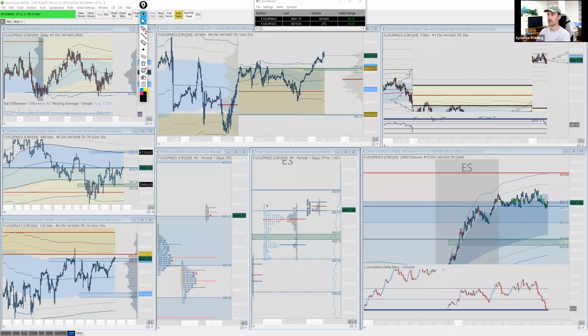First scale, I'm looking for the development value high area, because now DVA is technically against us. So I'm going to respect that dissonance and look for a scale there. Not a ton of buying off the lows yet. Delta's still close to neutral.